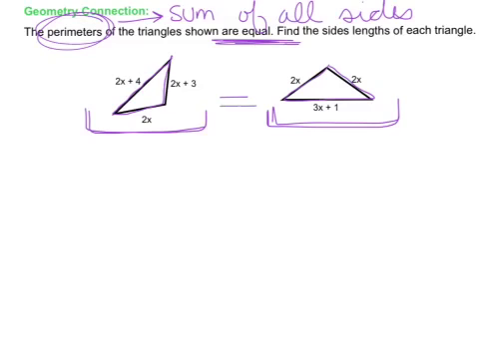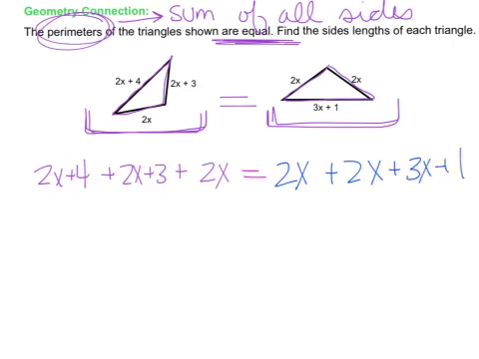And so if we just take the sum of all sides with this first triangle over here, I'm going to take 2x plus 4 plus 2x plus 3 plus 2x, and I'm going to set it equal to the perimeter of my other triangle, which is a 2x plus a 2x plus a 3x plus 1.